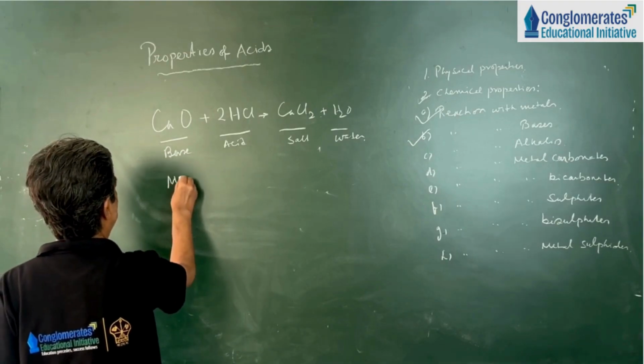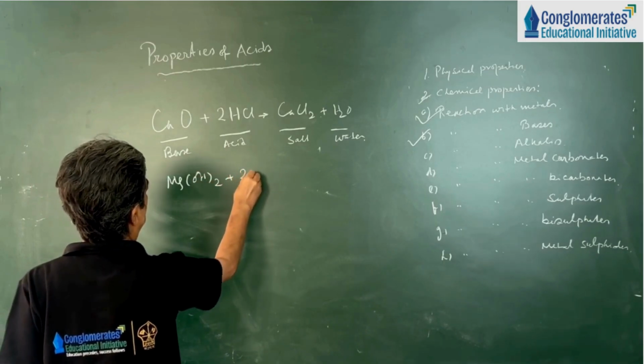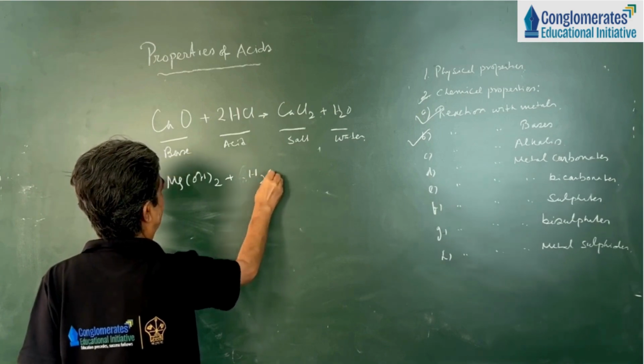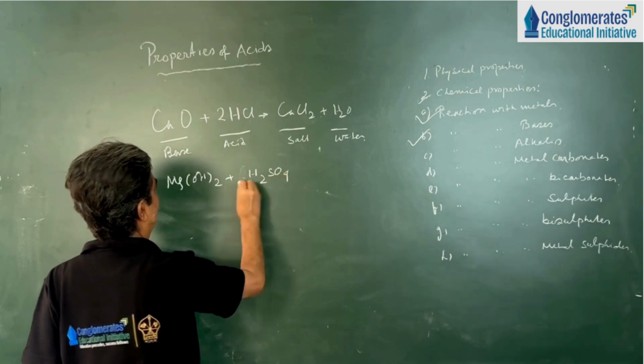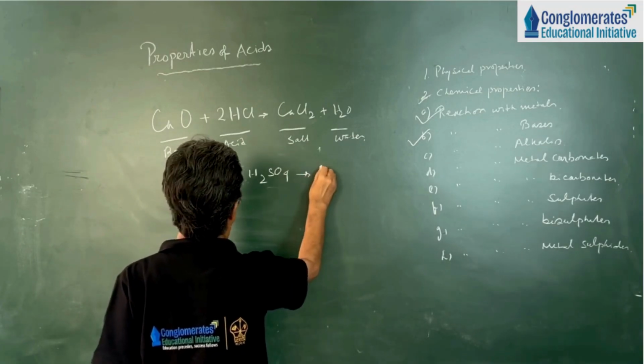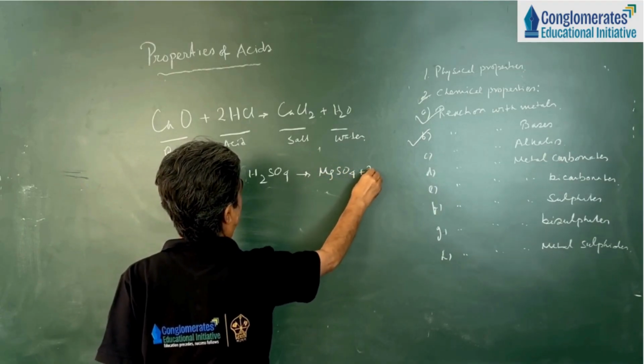Now if I take magnesium hydroxide, this is also a base, because we know the oxides and hydroxides are bases. So magnesium hydroxide reacts with sulfuric acid to form magnesium sulfate plus water.